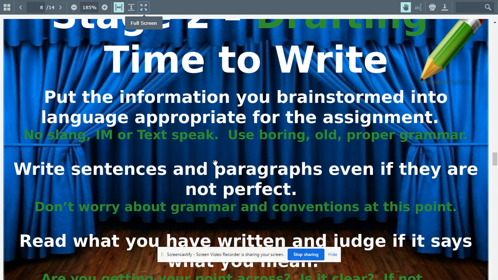Put it into appropriate language. And I want you to make sure that you write out beside it: do not write as you text.